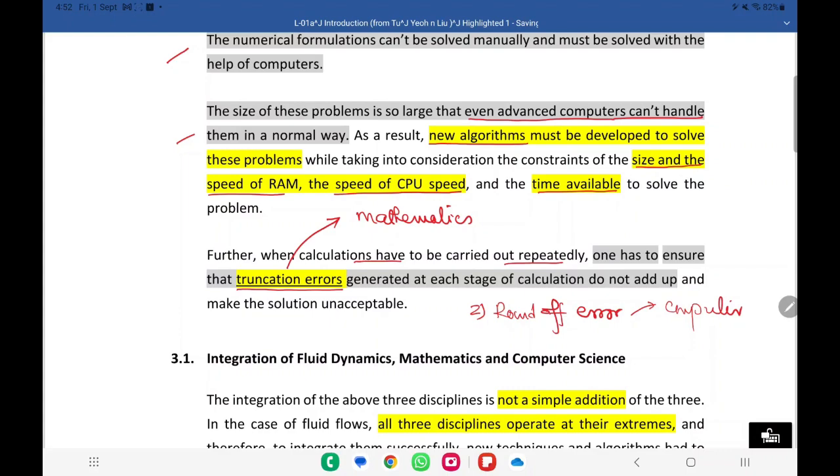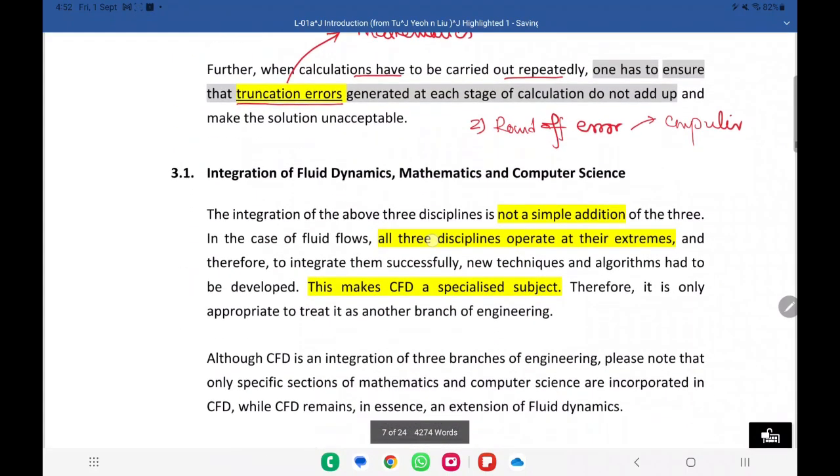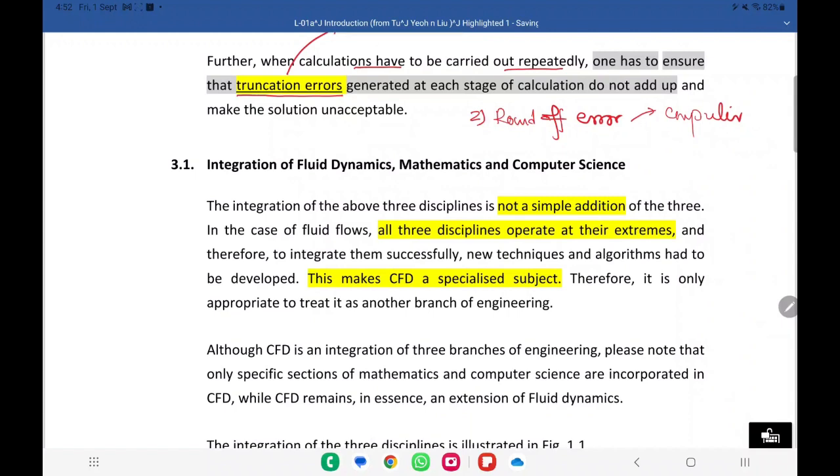So in turn, we come to the conclusion that we have to integrate fluid dynamics, mathematics and computer science, all the 3. And this integration is not a simple addition, where you bring 3 people together and say okay, we'll solve the problem.